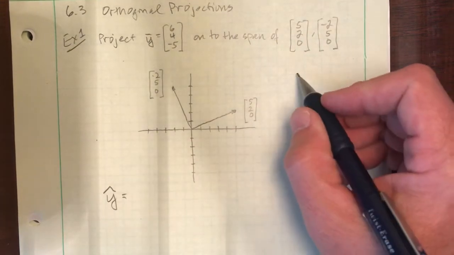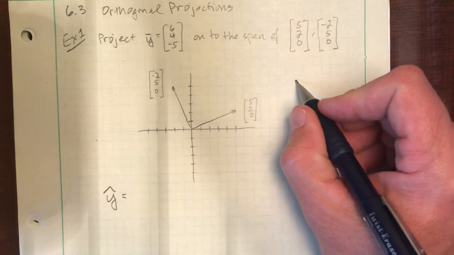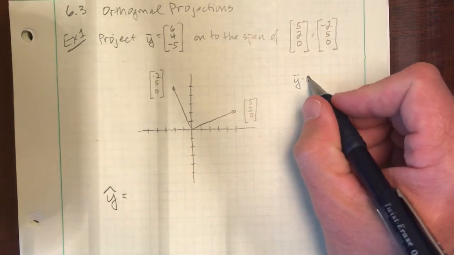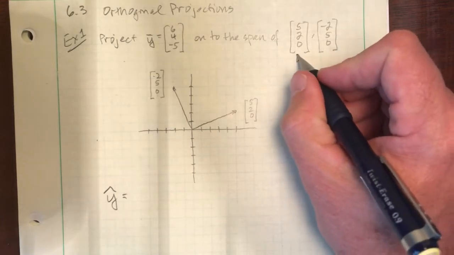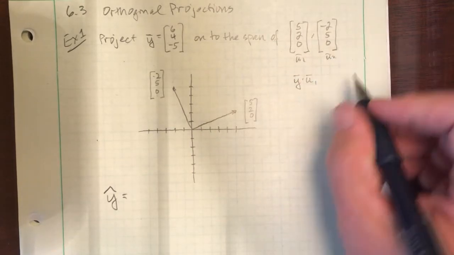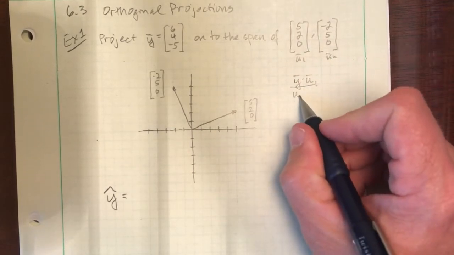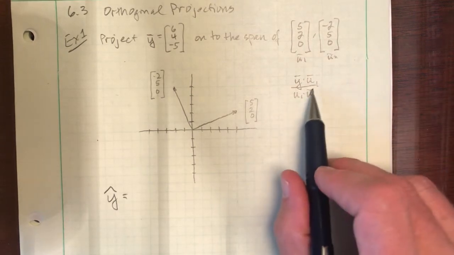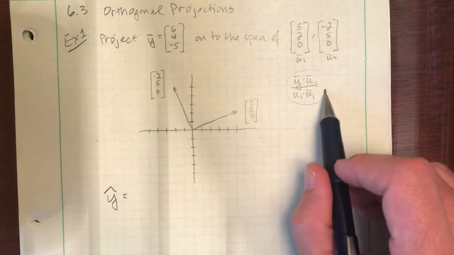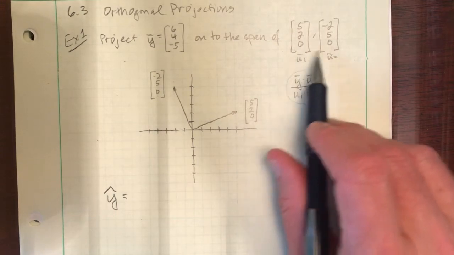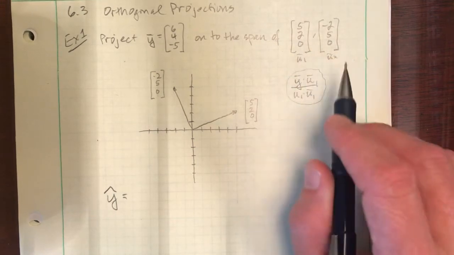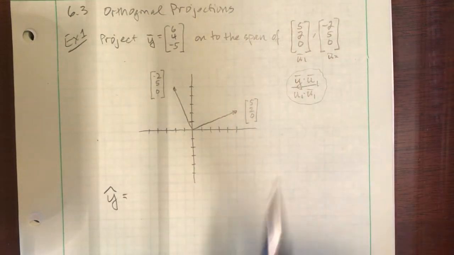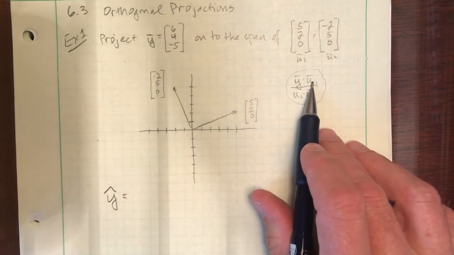So remember that the general move is to dot the y vector onto the first one, which I'll call u1, over u dotted with itself. And so that's what we're going to do a few times. Now that just becomes a scalar, and then we're going to scale this vector. And we're going to do that a second time and add them all together. So I just want you to see that's the generic move we're going for here.